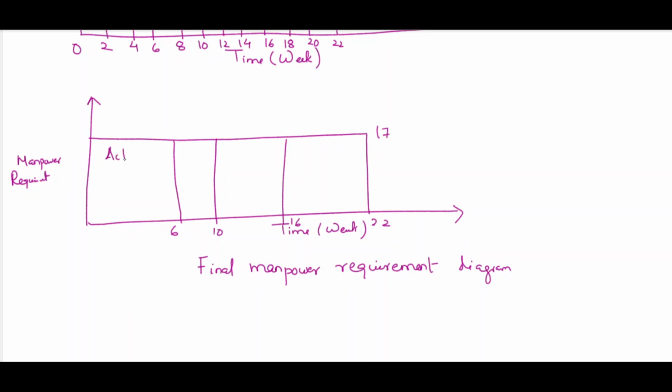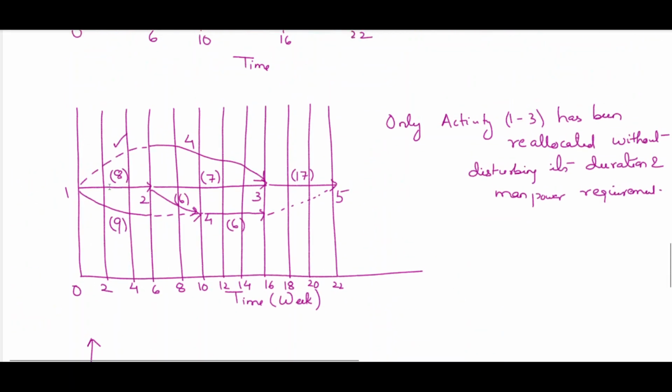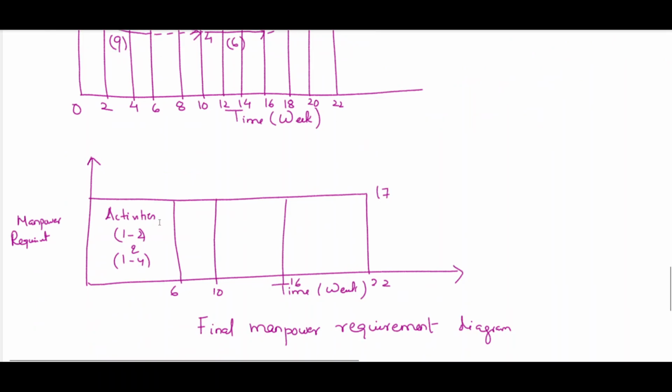The activities for the first zone are 1 2 and 1 4. Likewise for the next zone, the activities are 2 3, 2 4 and 1 4. Similarly for this one also 2 3, 1 3, 4 5, and here only 3 5.